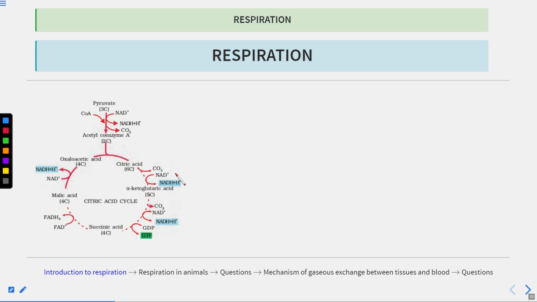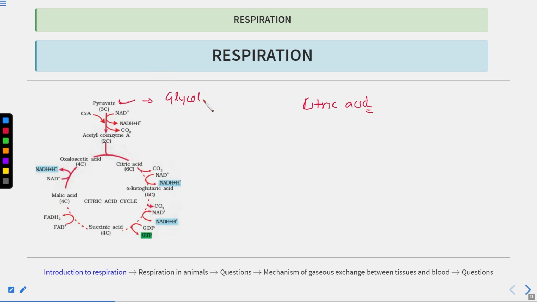So this is a cycle showing you the TCA cycle, also known as the Krebs cycle, the citric acid cycle. First was the glycolysis, and then pyruvate is formed by the process known as glycolysis.